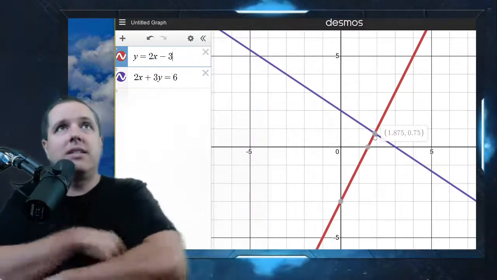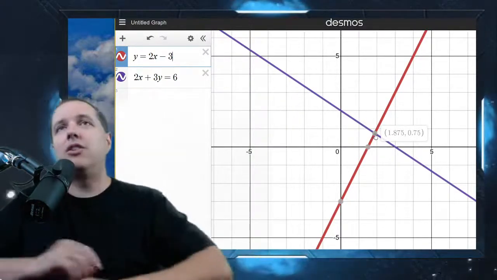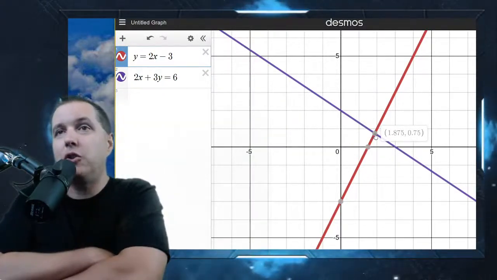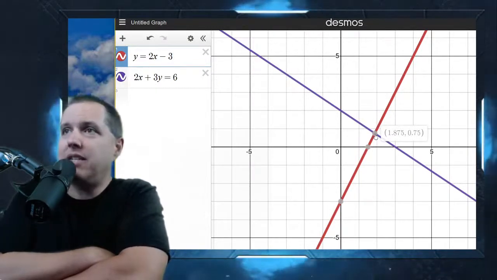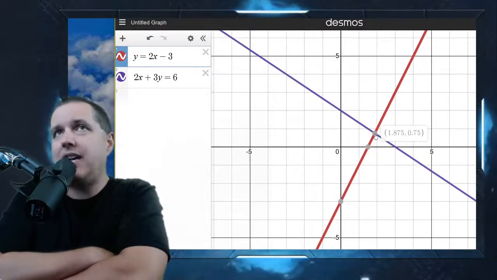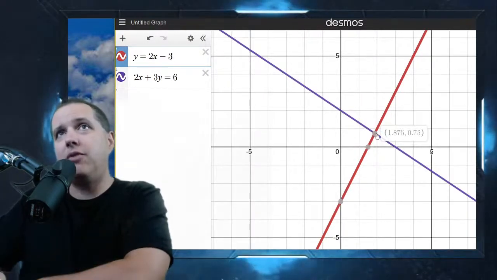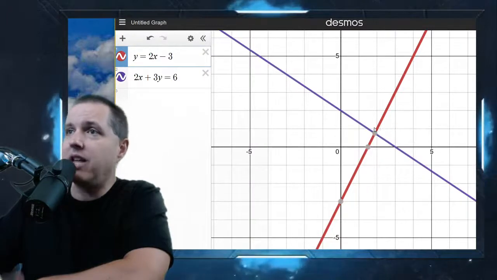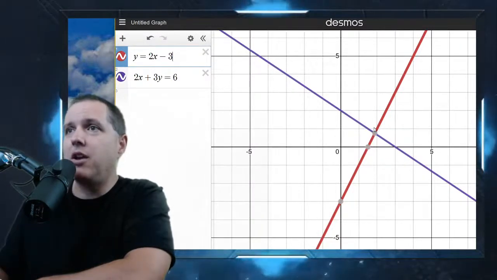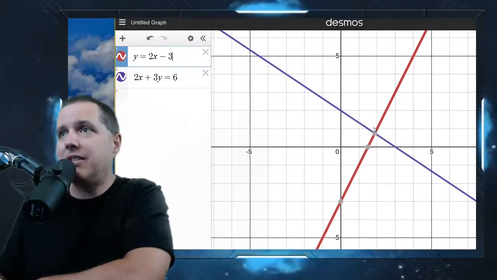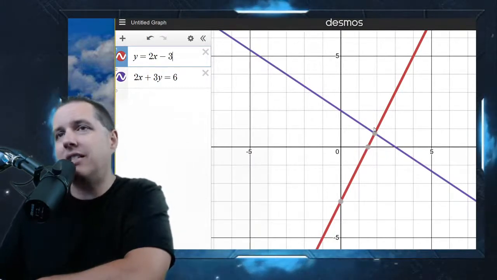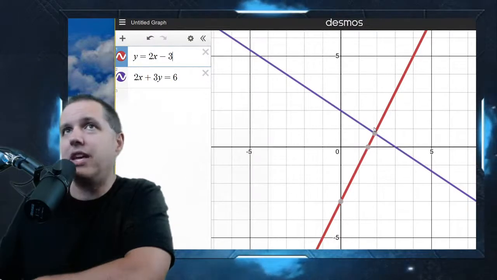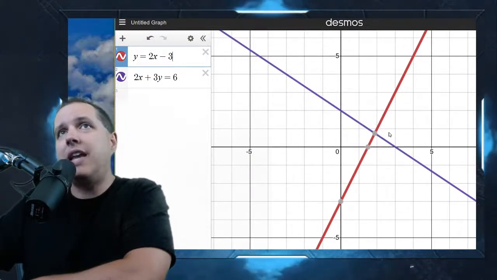In this case, it's still giving us decimals that we could convert to fractions. But a lot of times your solutions come out so messy that you can't convert them to exact answers. Desmos will just be giving you approximations, like 0.66667 or something. That's not an exact answer. That's an approximation of the answer. And that happens a lot.